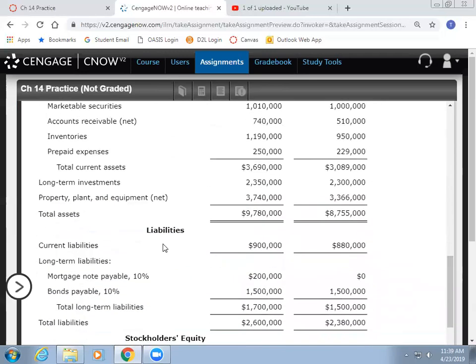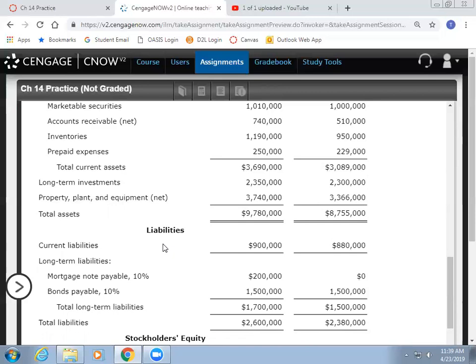So the formula for working capital is truly taking current assets minus current liabilities. Well, you have that total current assets, and they did say for year 2, right? Yeah, for year 2. So we're doing it for the current year.